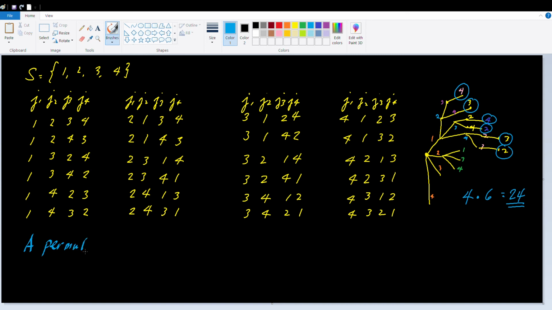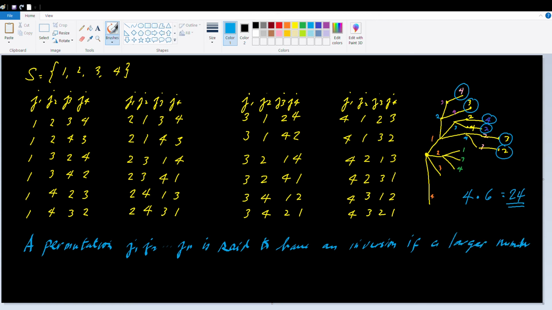A permutation J1, J2 up to Jn is said to have an inversion if a larger number J sub s precedes a smaller number J sub r.